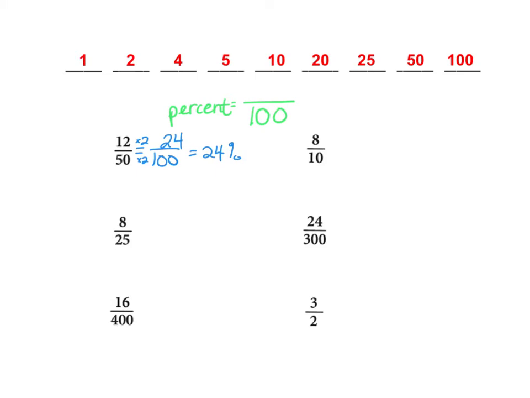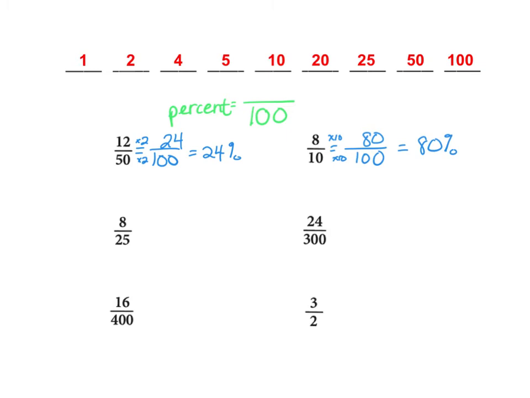I'm going to go to the right, that 8 over 10. And yes, 10 is a factor of 100. That means I can turn 10 into 100. And how does that happen? Well, it gets multiplied by 10. And at the top, same thing, 8 times 10 is 80. So 80 per 100 is really 80%.